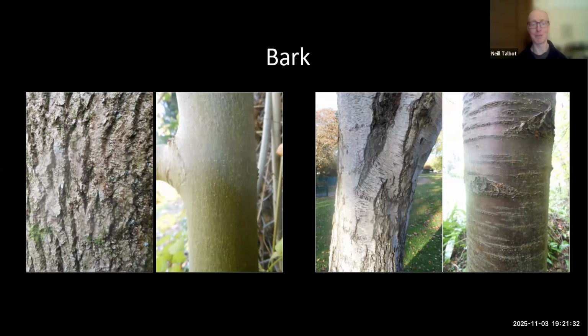I'm going to talk a bit more about that on the next slide. And the one next to the cherry is a silver birch, which I expect a lot of you know, both of these species anyway. That's got a very distinctive silver bark with splits and darker patches, which quite often are in a diamond shape on the bark.